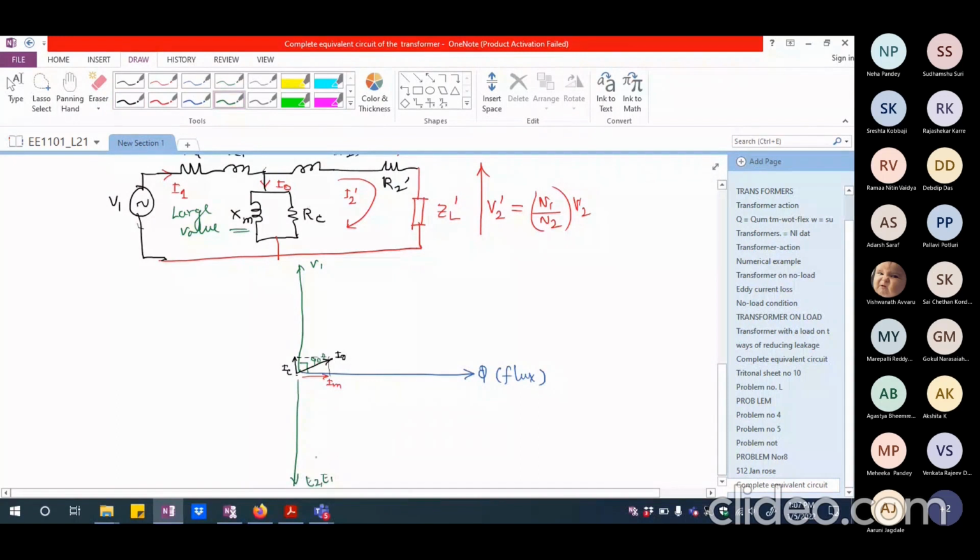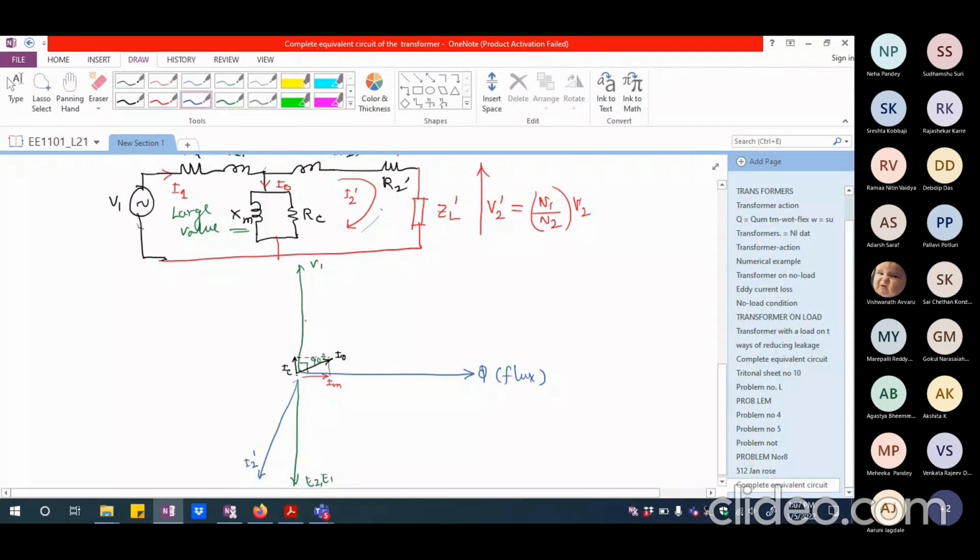Now what I get as the current that is flowing through the secondary side or the load, let me call that as I2 dash. I don't know what kind of load I have. It can be resistive, it can be inductive, it can be whatever, doesn't matter. But let me just arbitrarily take some value of current. Maybe this is I2. I'm just taking this as I2. I2 dash rather. Okay.